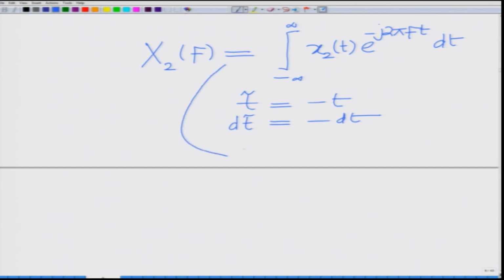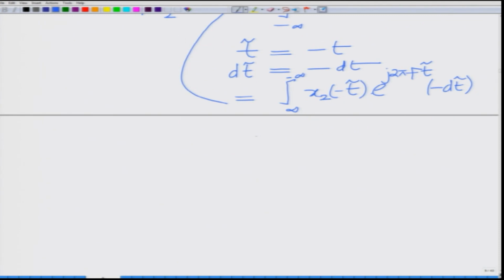So this integral goes from infinity to minus infinity of x2 of minus t tilde e to the power of j 2 pi f t tilde, with a minus d t tilde. I can remove this minus sign by interchanging the limits of integration, so infinity to minus infinity becomes minus infinity to infinity.